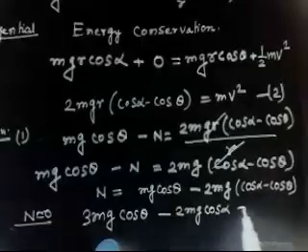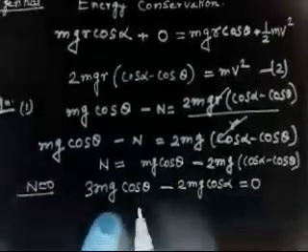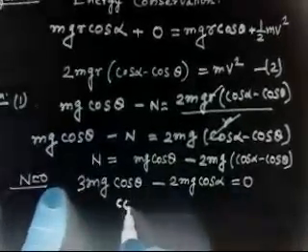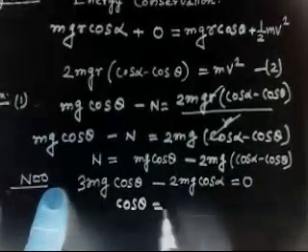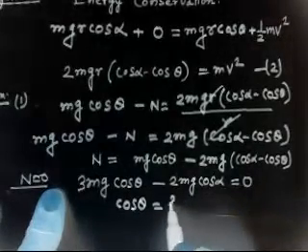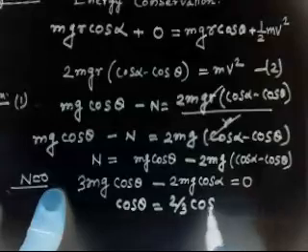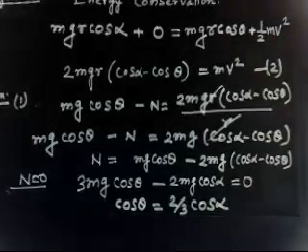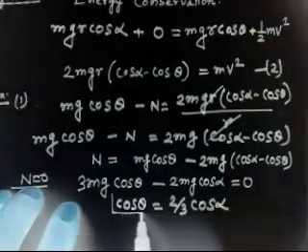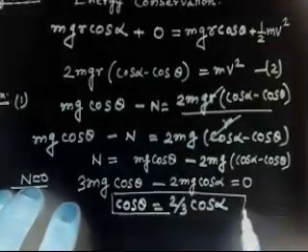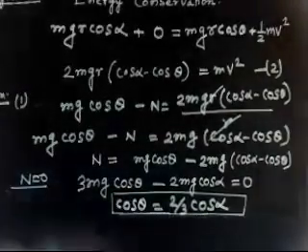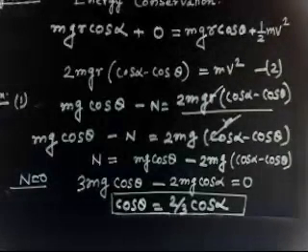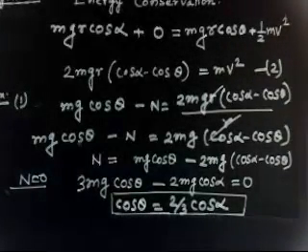This is the normal reaction, and this is 0. So you can solve from here. Cos theta is, mg goes out, 2 by 3 cos alpha. So this is the condition. At which point this mass will leave the surface, that angle is given by cos theta equals 2 by 3 cos alpha. So this is the point where this mass will leave the surface.